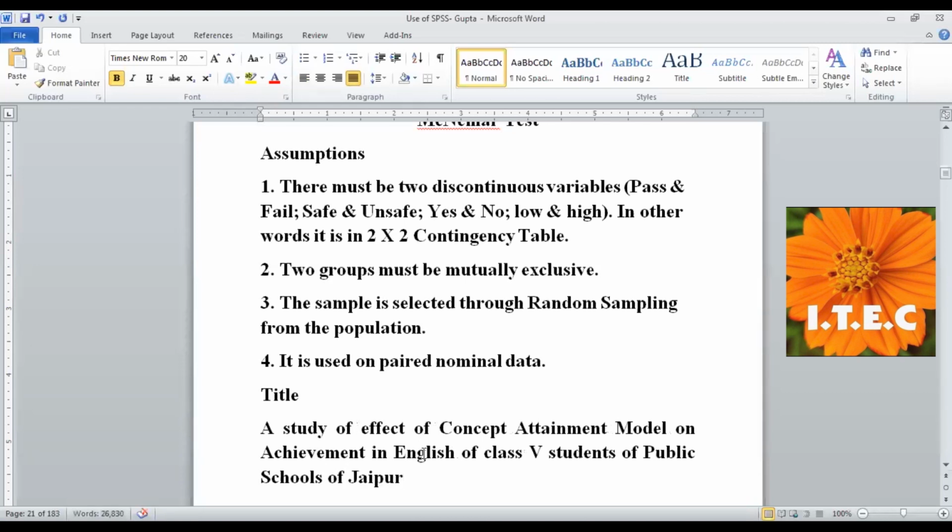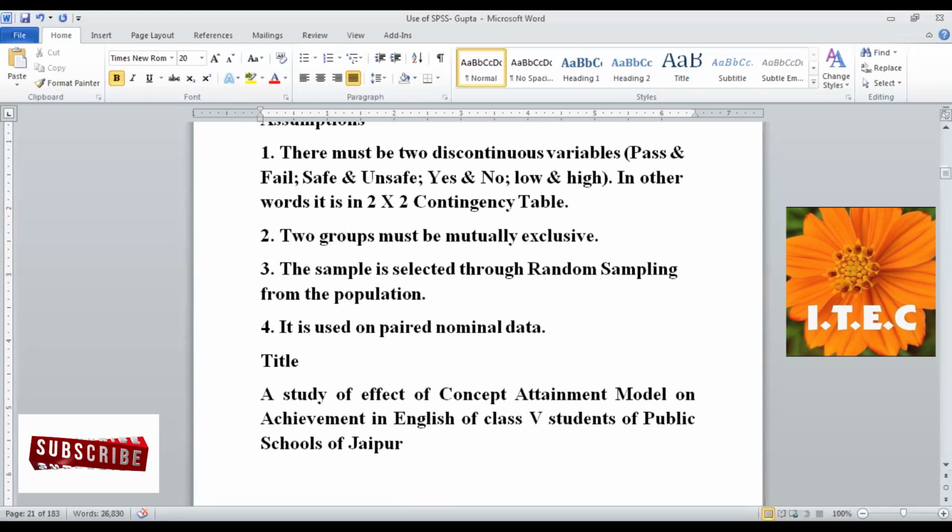Now, see here, I can have the data on interval scale, but if I do not want to have data on the interval scale, I have to put the data on the nominal scale. Then I can convert it into pass and fail.